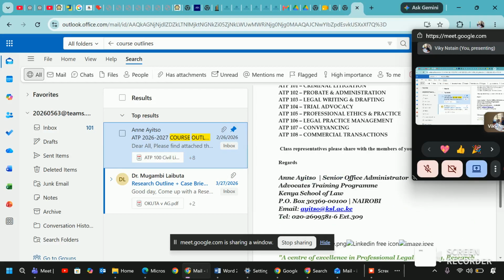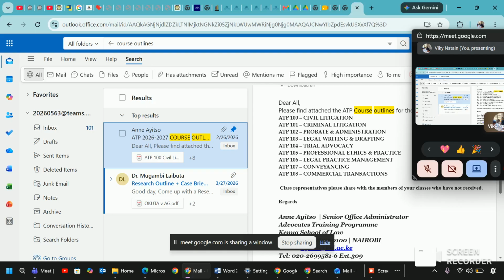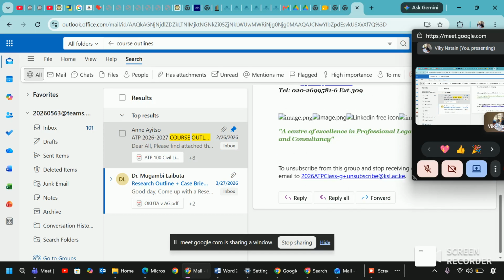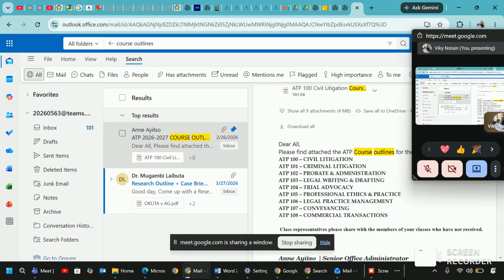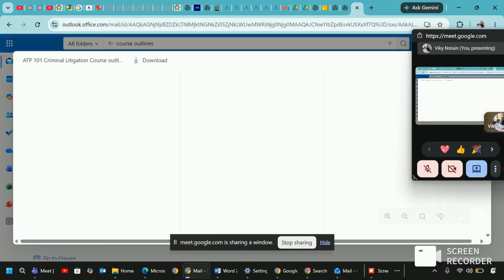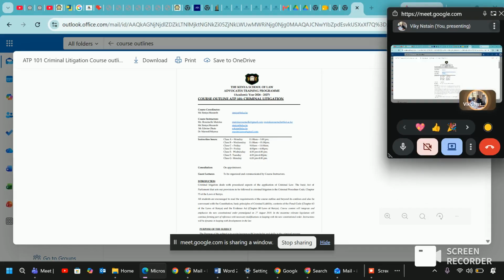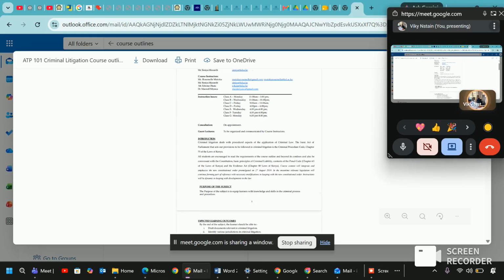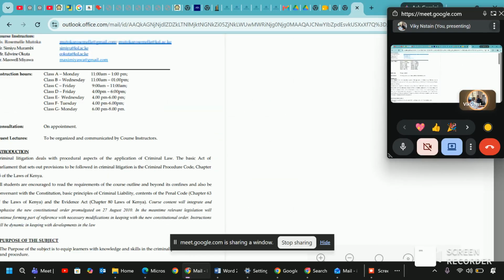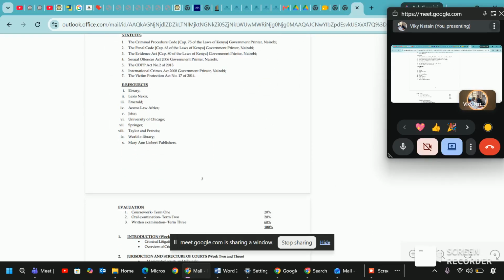Evening. So today, as I had earlier promised you, we will be doing an analysis of various cause outlines, and one of the cause outlines that we will be starting with is the criminal litigation cause outline. In this cause outline, we'll analyze step by step the procedural aspects emanating from each part.